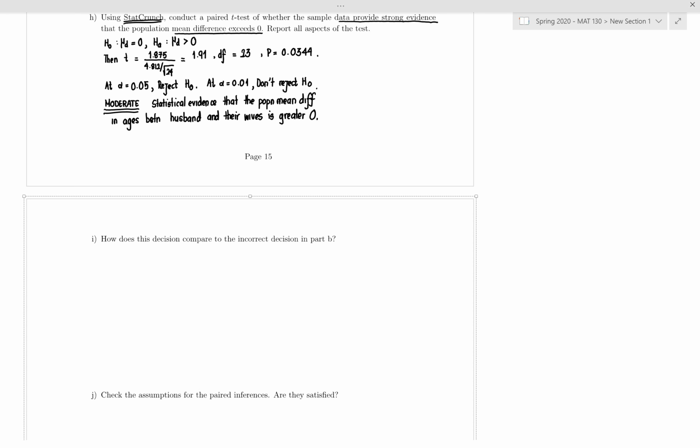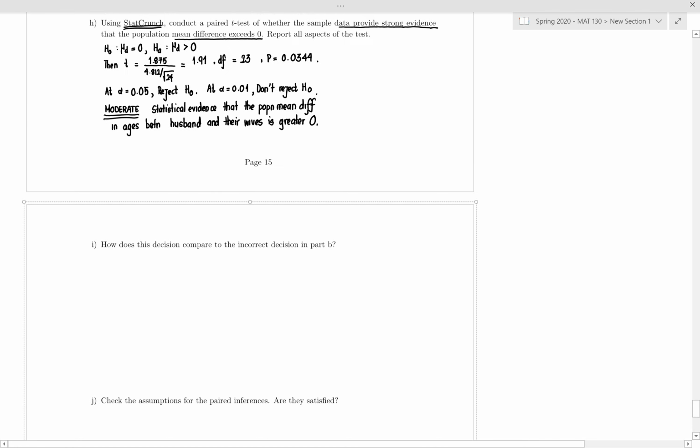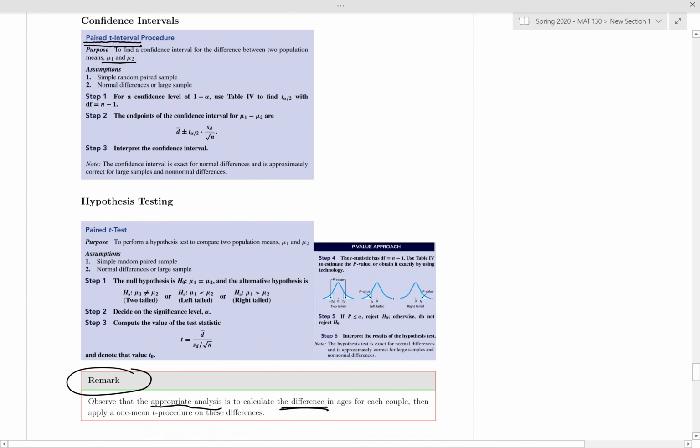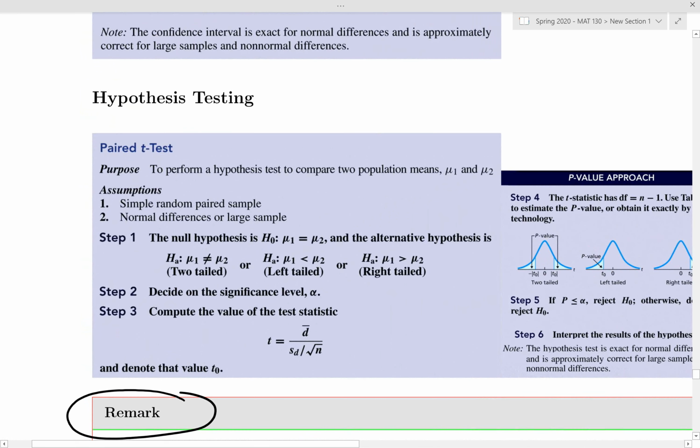All right. Similar to the case of the non-pooled t-test, there were a few assumptions that needed to be satisfied. Let me scroll up to the page where we had the things that needed to be satisfied. The first one was that we needed a simple random paired sample.